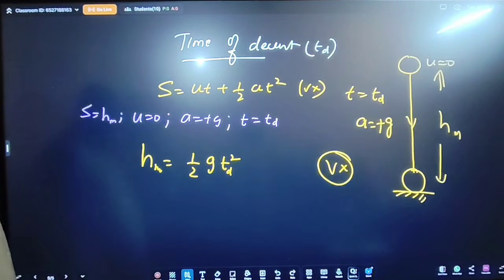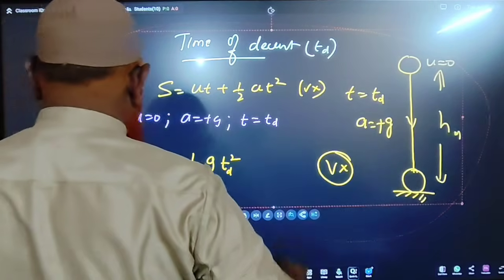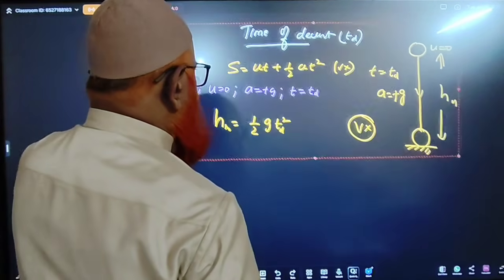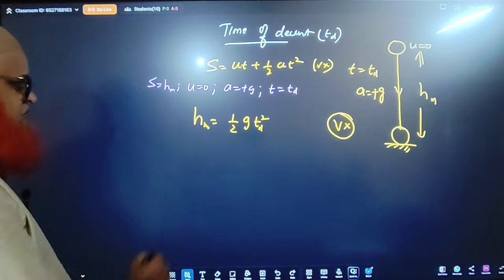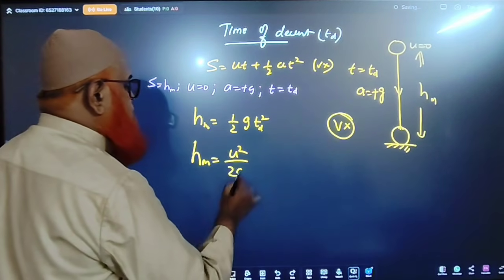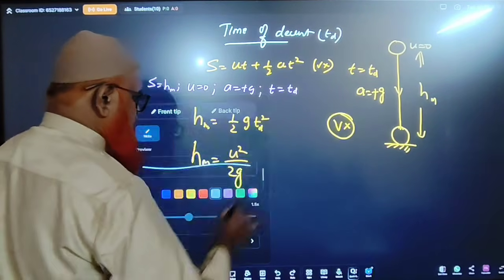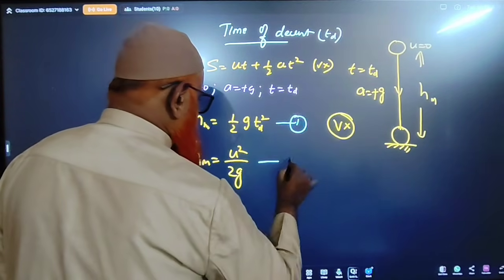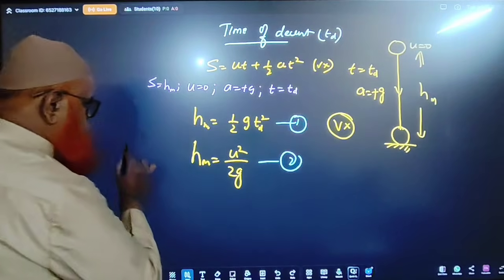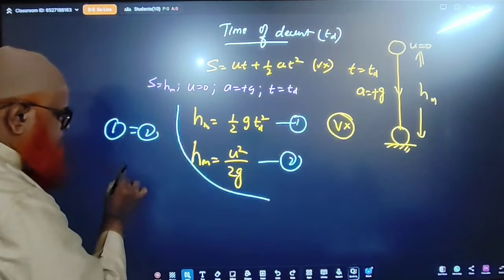Getting the height. Now, once you get this height, what's going to happen? Let us see. Once you get this height, you already know one more height, which is called u square by 2g. If you consider this as equation number 1 and this as equation number 2, and compare these two, then how much will you get?